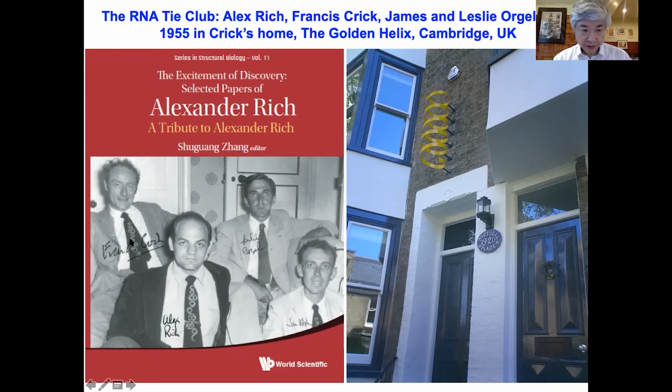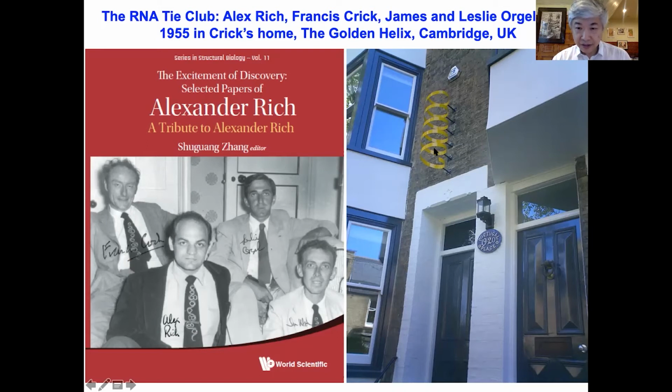This is Francis Crick, this is James Watson, and between them they discovered the DNA double helix structure. Here is Leslie Orgel. Here is Alexander Rich, my mentor since 1988.